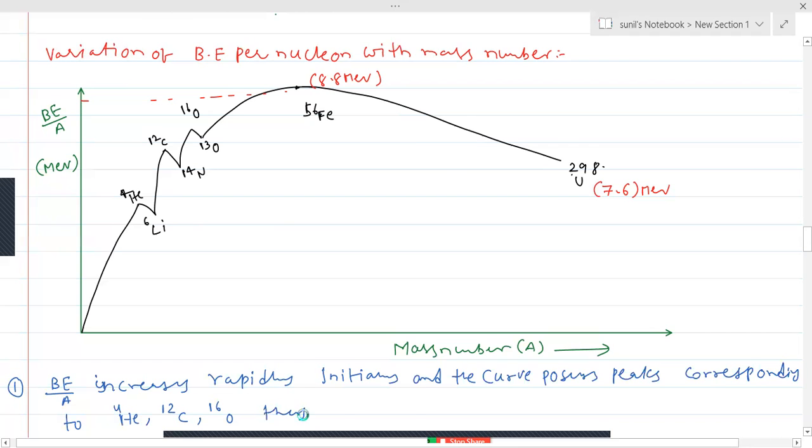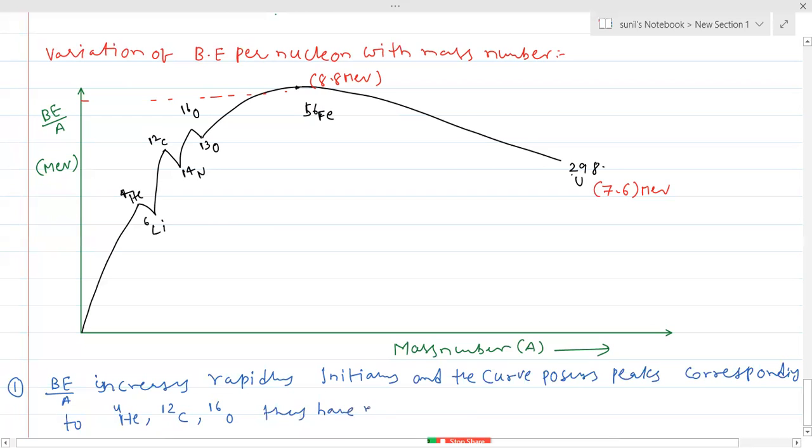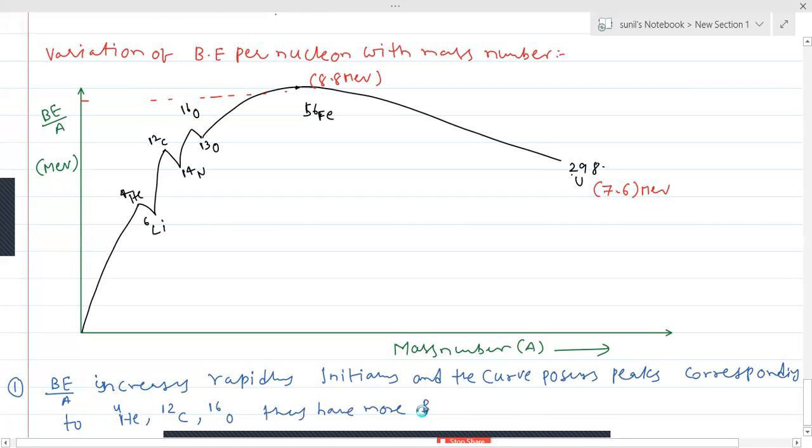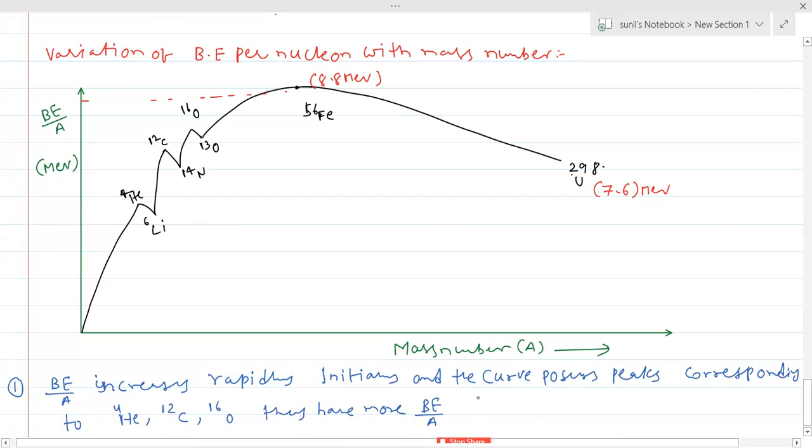They have more binding energy per nucleon.